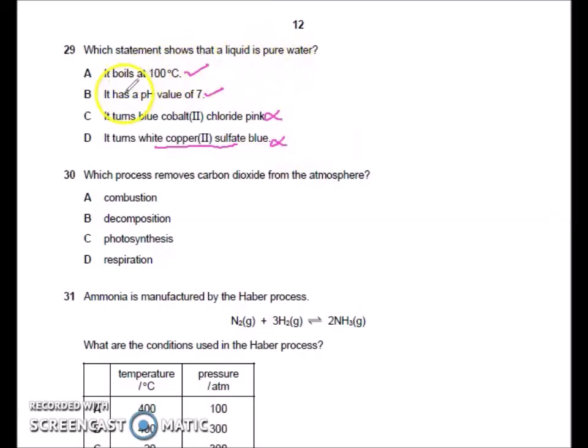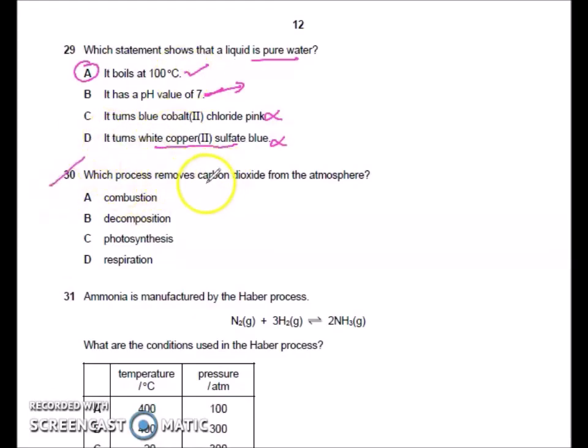Okay, the most accurate answer here will be A, because only water boils at 100, not other substances. But here it has a pH value of 7. There are a lot of other substances, liquids, that have a pH of 7. Okay, so now we look at 30.